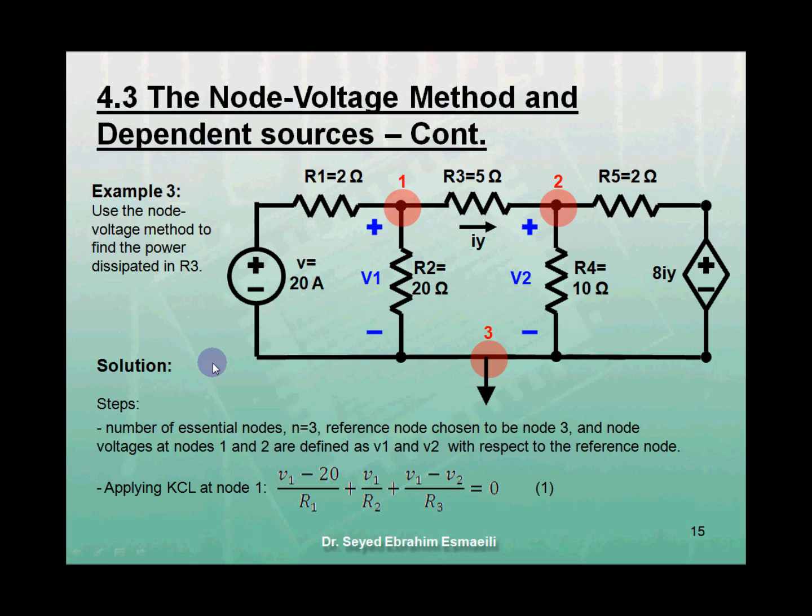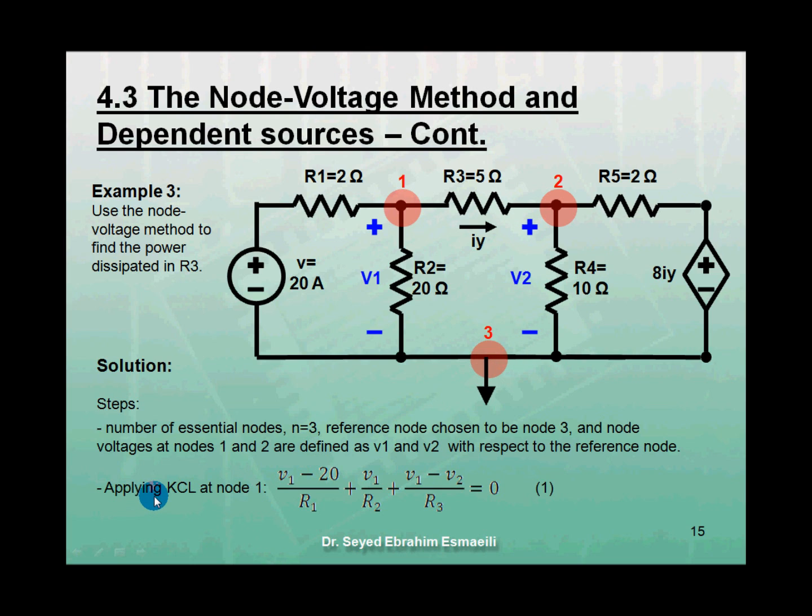We start our solution by noting that the circuit has 3 essential nodes, node 1, node 2, and node 3, and choosing node 3 as the reference node. Node voltages at node 1 and 2 are defined as V1 and V2 with respect to the reference node.